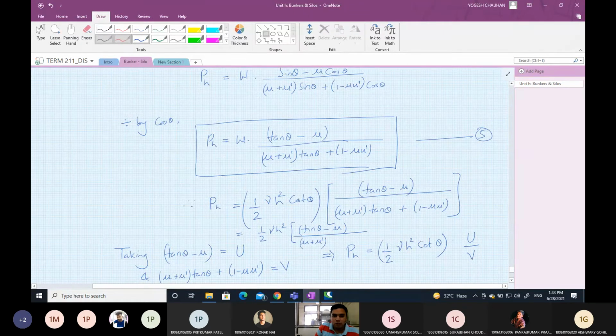This cot theta means 1 by tan theta, so multiply tan theta here, so it will be tan square theta, and this will be 1 minus mu dash tan theta.